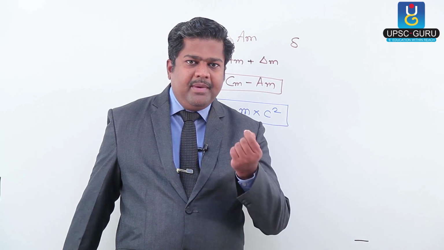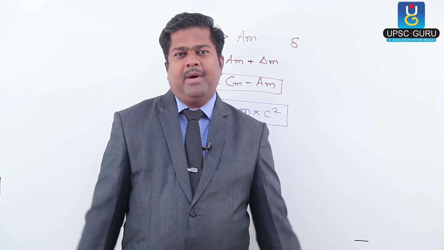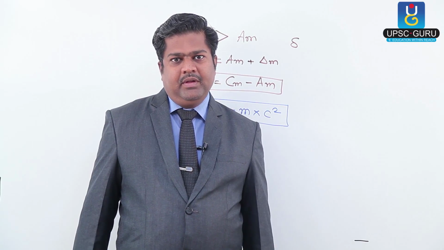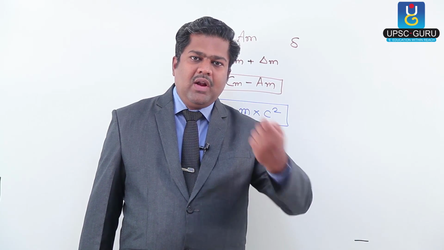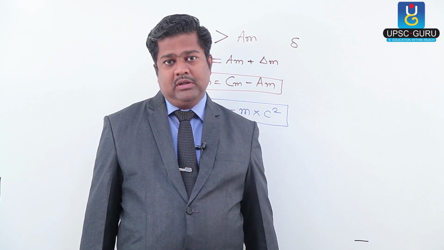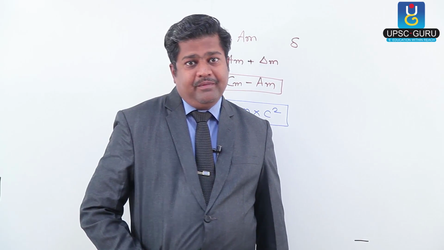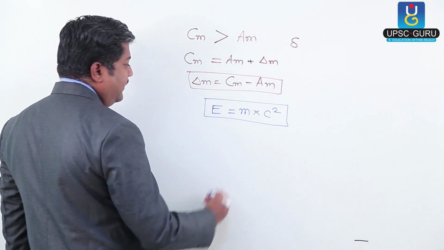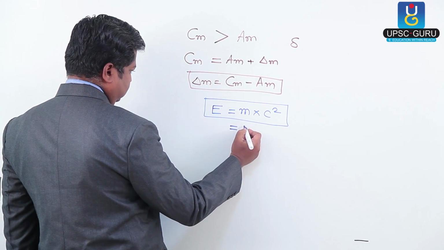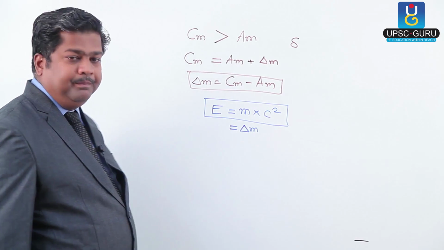So if a little bit of mass is converted into energy, it is converted into a huge amount of energy. And that's why we are saying that if a small amount of mass is lost or converted into energy, it is vast energy. Now here it's obvious that E equal to mc square. Scientists put out the value as delta m.